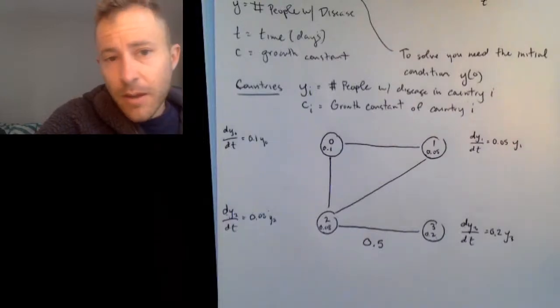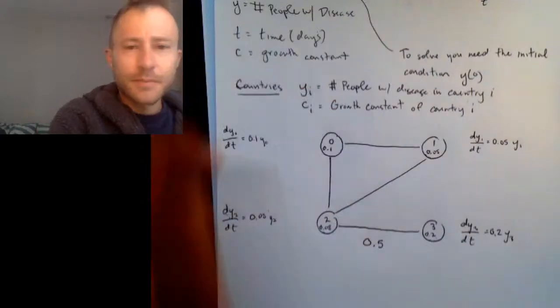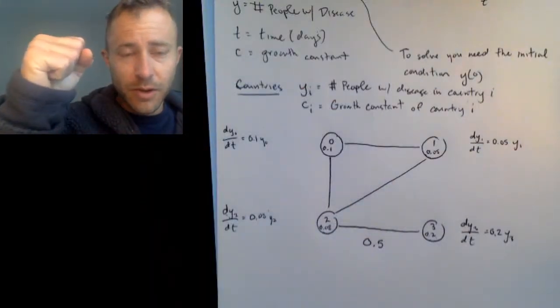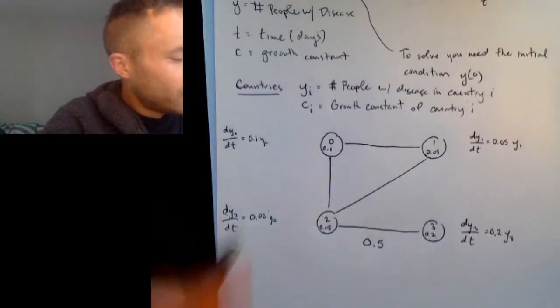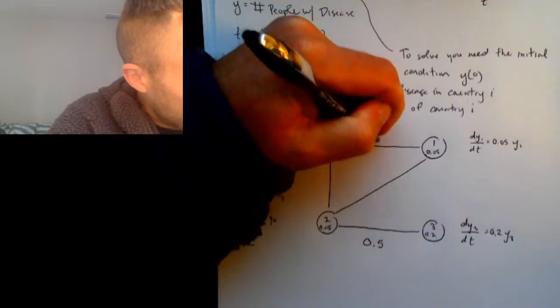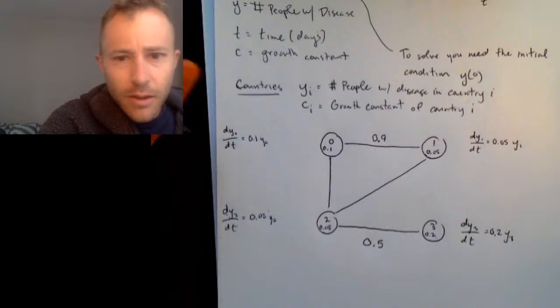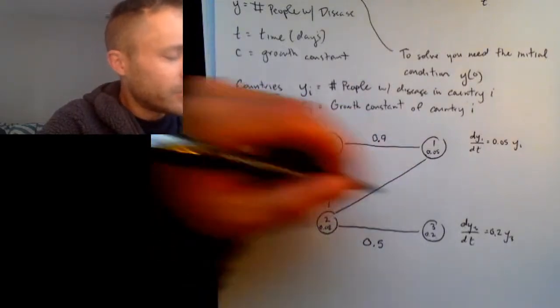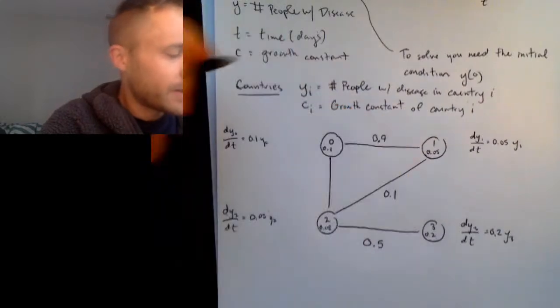All right, maybe country 0 and country 1 are incredibly strongly connected with each other. Okay, so maybe 0.9 is the size of their link. Okay, country 1 and country 2 are hardly connected to each other at all, so maybe their link is 0.1.